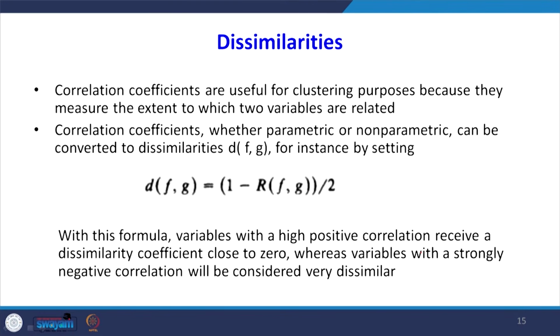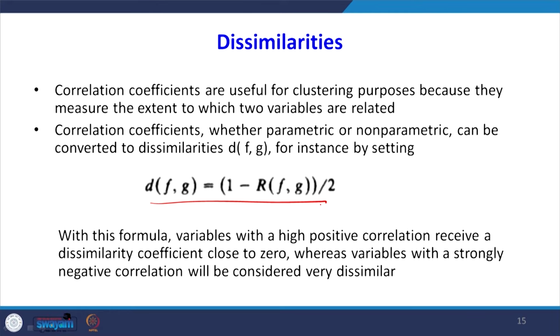Correlation coefficients are useful for clustering purposes because they measure the extent to which two variables are related. Correlation coefficients, whether parametric or non-parametric, can be converted into dissimilarities d of f comma g, for instance by this relationship: dissimilarity between objects f comma g equals 1 minus r, that is the correlation coefficient between f comma g, divided by 2.